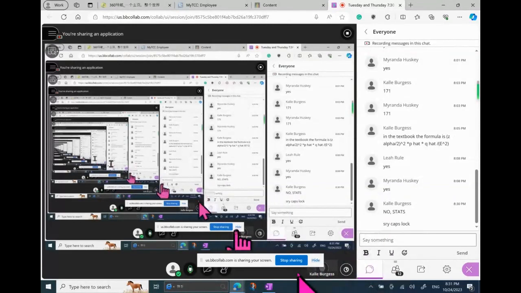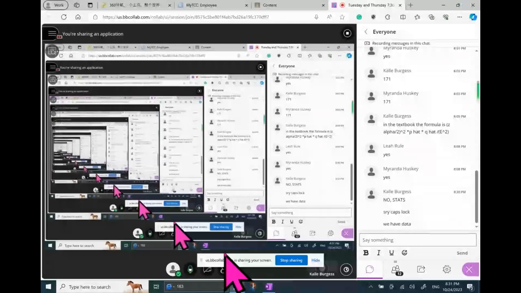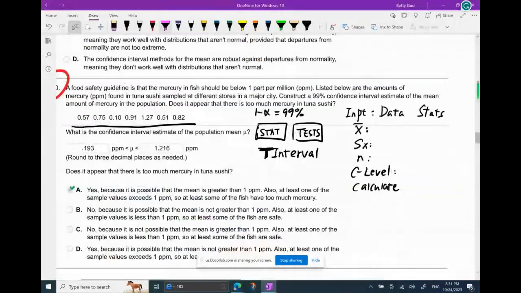We don't have the stats, okay? So we have data, exactly. So in this case, you are going to confirm data, right? How do you confirm? You shift the cursor on top of data, make sure it's blinking, and you have to press enter. It's not just blinking, you have to enter to confirm.